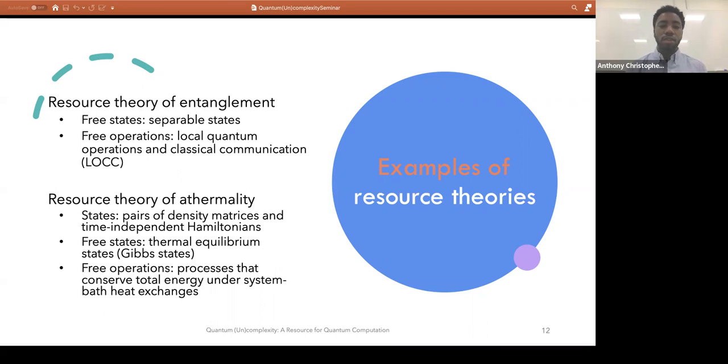So the intuition here is that we can use the lack of thermal equilibrium that a state possesses, some distance from thermal equilibrium, in order to perform thermodynamic tasks such as work extraction. This resource theory is interesting because the lack of thermality you can think of as parallel, analogous to a lack of complexity. Not in any rigorous sense, but perhaps it gives you some intuition here.